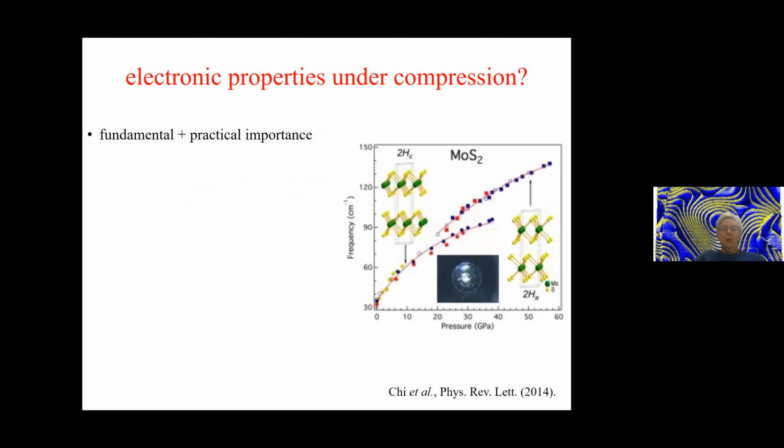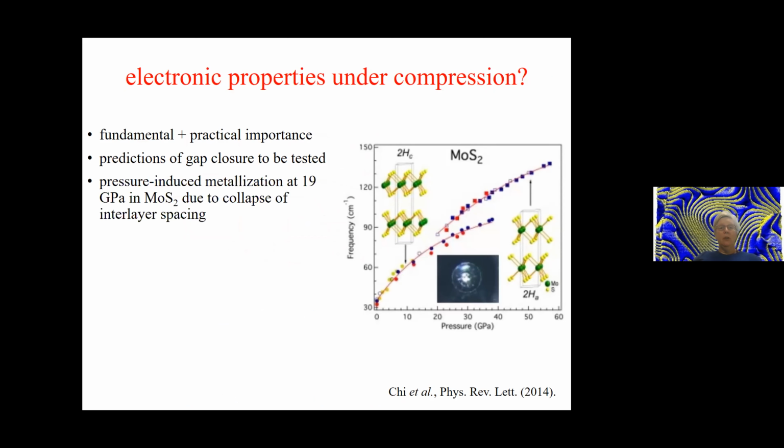All right, so that alludes to another one of the reasons we were interested in this project. There were just reports coming out that the electronic properties of chalcogenides under compression were interesting, and that there could be gap closure that could be tested.